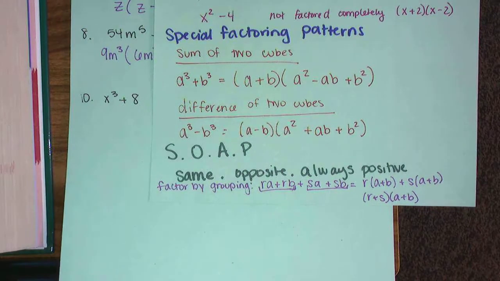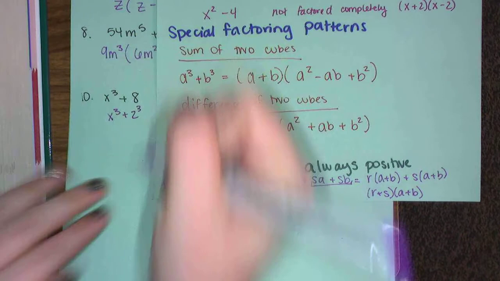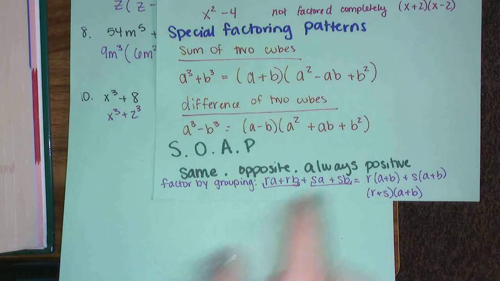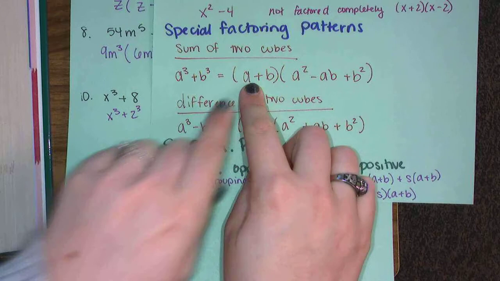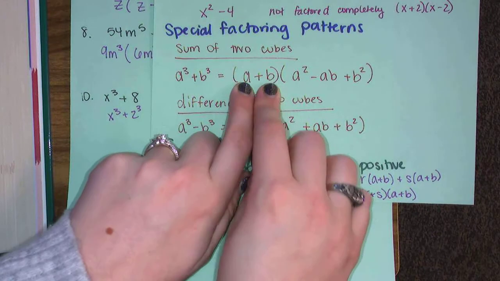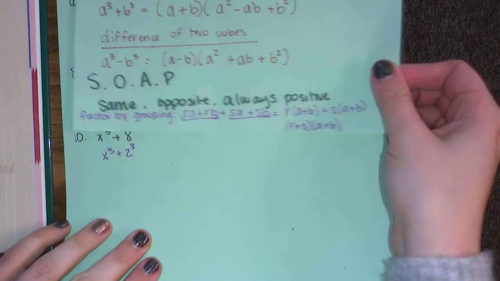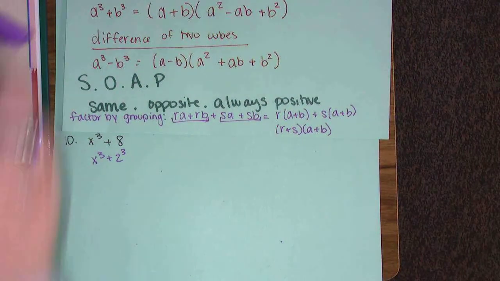So we need to think about this as x cubed plus 2 cubed, because if you write 8 in here and then you were to foil this, super foil it back through, you're not going to get it. So we're just writing down the numbers or the variable where the stuff goes.